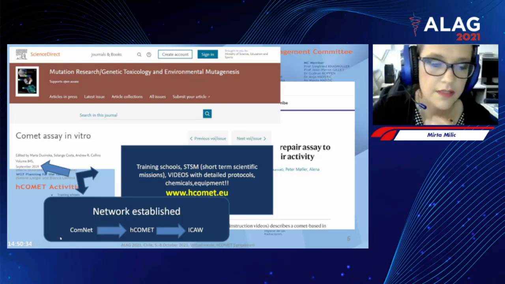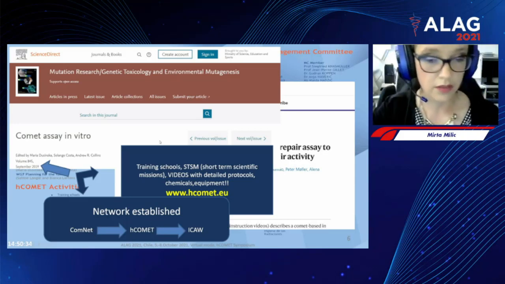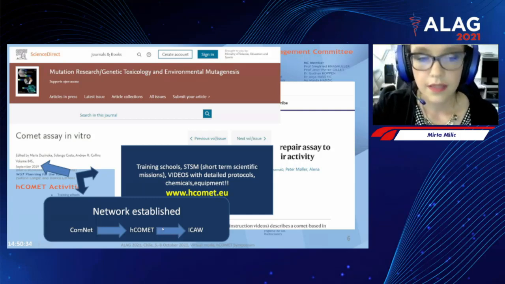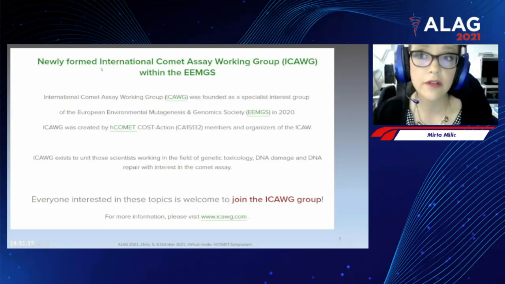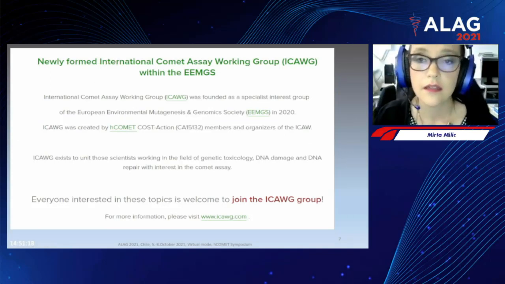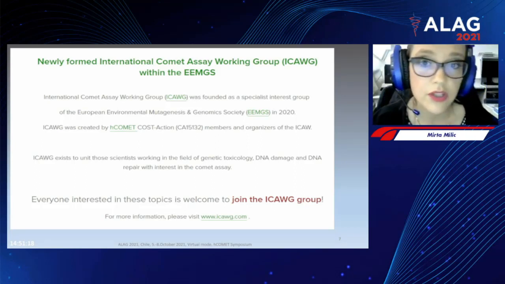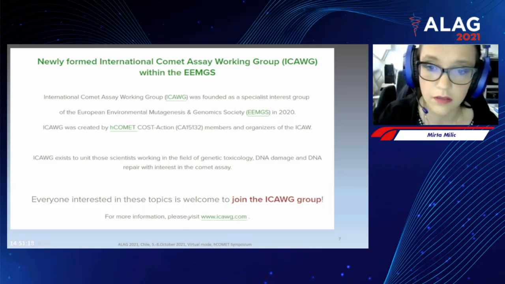This network was established from the Comet Assay at the beginning, evolved into hCOMET, this COST action, and because it has finished, all the scientists from hCOMET are involved in ICAO. ICAO is actually the newly formed International Comet Assay Working Group, founded as a specialist interest group of the European Environmental Mutagenesis and Genomics Society in 2020. You can see the details on our webpage.